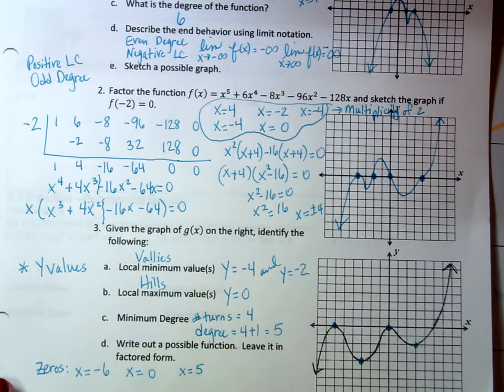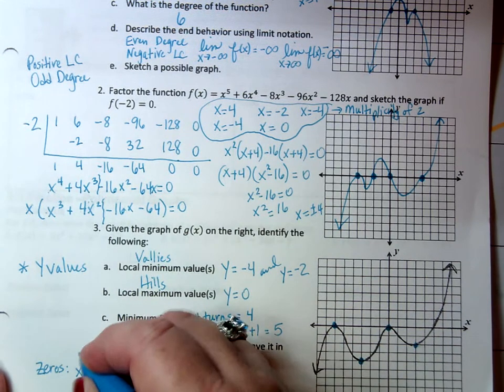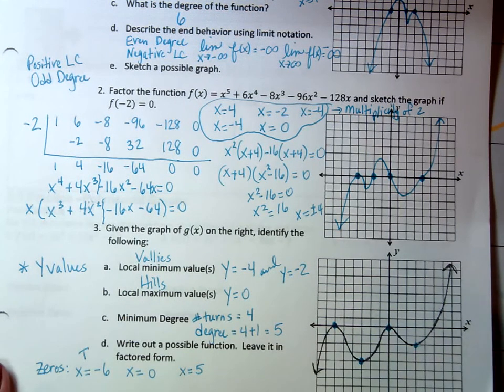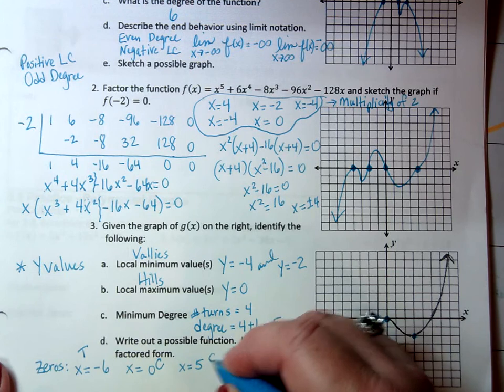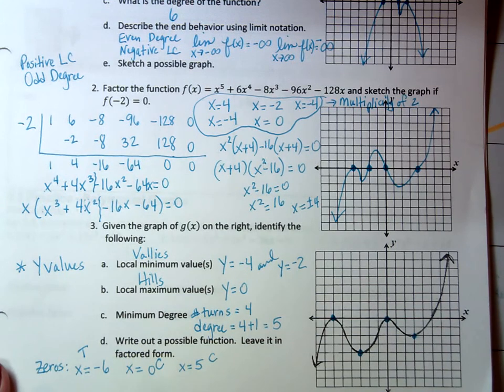And then I want to determine, are they tangent or are they crossovers? So this one is a tangent. I'm going to put a big T there for tangent. This guy is a crossover. I'm going to put a C there for crosses. 5 is another crossover. So these 2 powers must be odd, and this power has to be even.